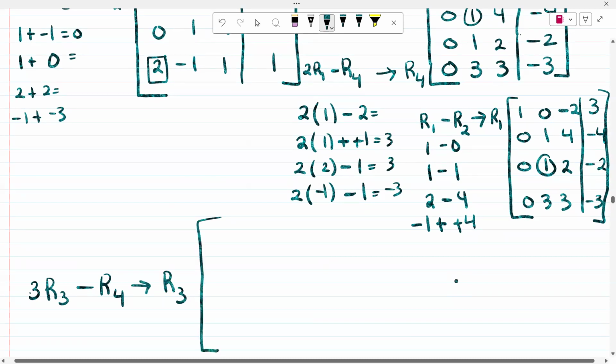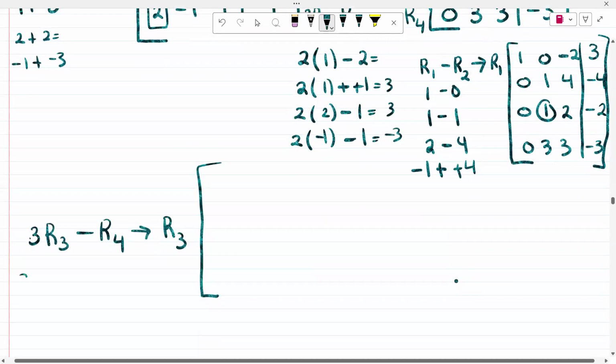Okay. So it's 3 times, and what's the first number in row 3? 0. Minus the first number in row 4, which is 0. I'm looking at this matrix right here, always the previous one, right? So that would be 0. And then what's the second number in row 3? 1.